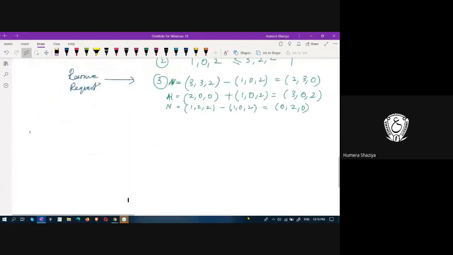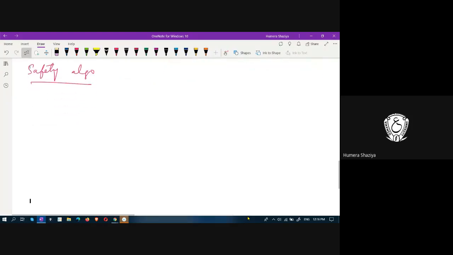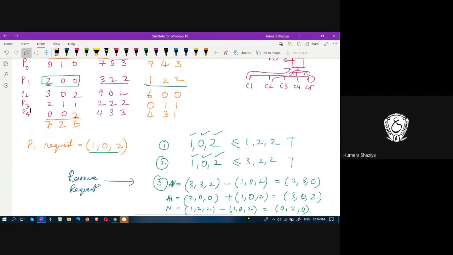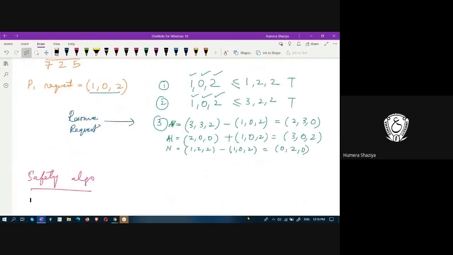After the resource request, we have to execute the safety algorithm. In this safety algorithm, first of all, after allocation, you see that these are the available resources, total available resources.